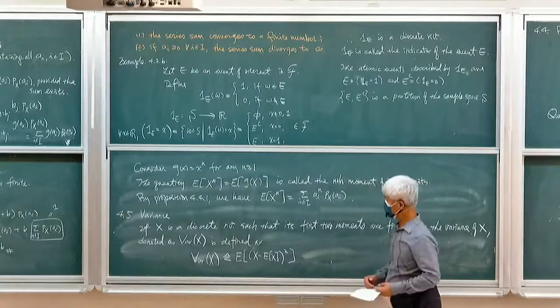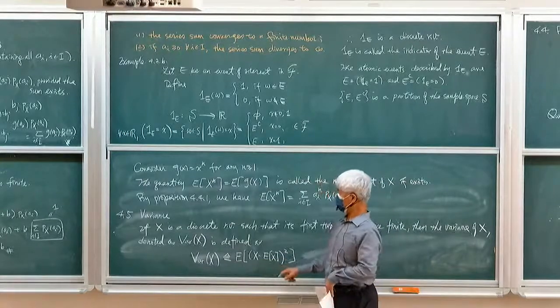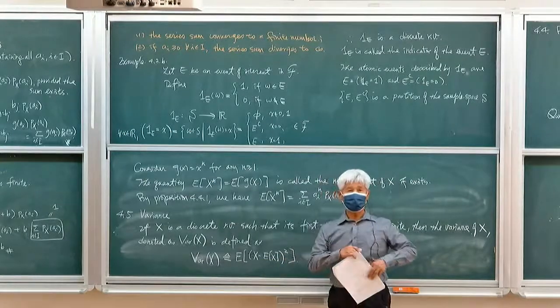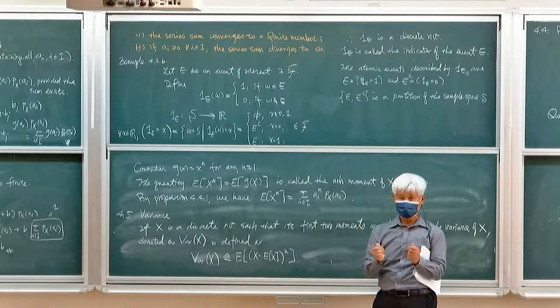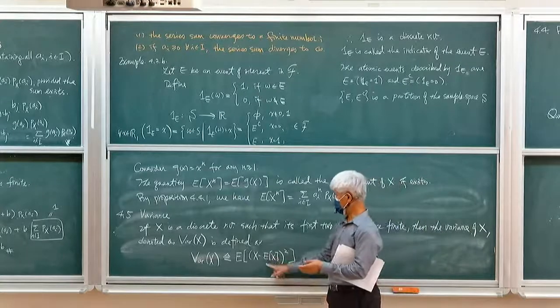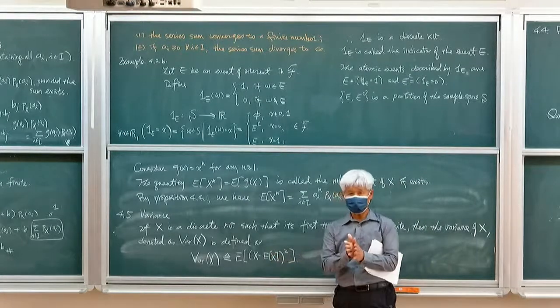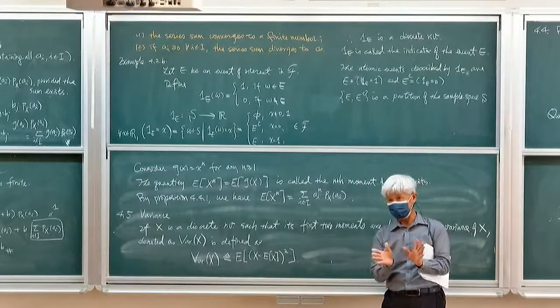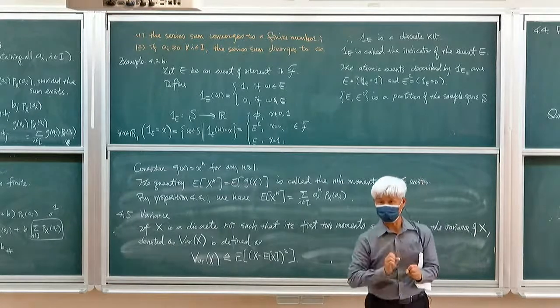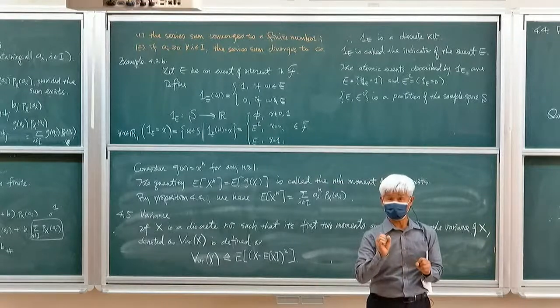Okay. So you can see that the variance is a measure of the dispersion of our possible values. The expectation of x gives us the center of all possible values, weighted by the probability mass of each possible value, right?